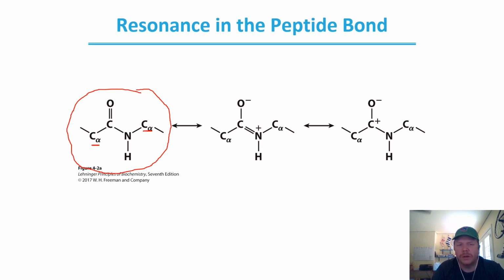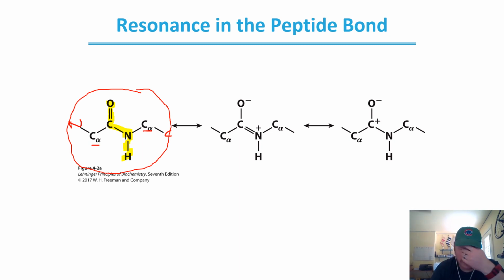If I wanted to fill this in a little bit more, here's my N termini and here's my C termini. But we didn't show all that because what we wanted to see are the atoms that are relevant to my peptide bond. The most important are this carbonyl oxygen, the carbonyl carbon, the amino nitrogen, and the hydrogen on that amino group.